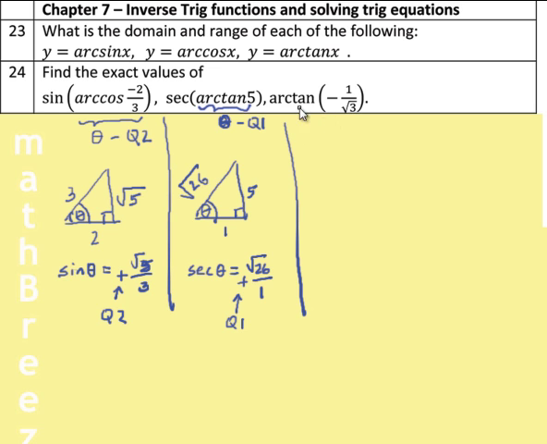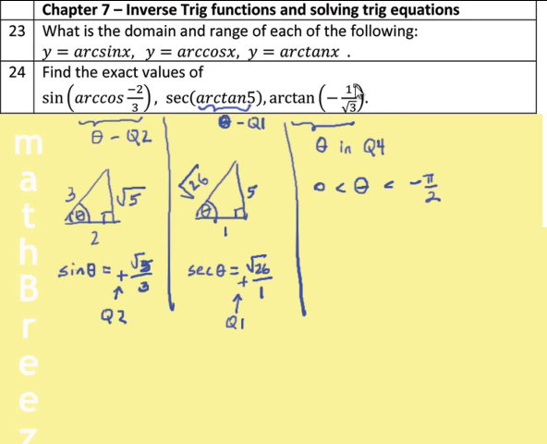All right, let's look at arctan. So arctan is an angle, and if this is angle theta, let's say, theta must be in quadrant 4. In fact, all arctangent values are between pi over 2 and minus pi over 2. So this one must be between 0 and minus pi over 2.